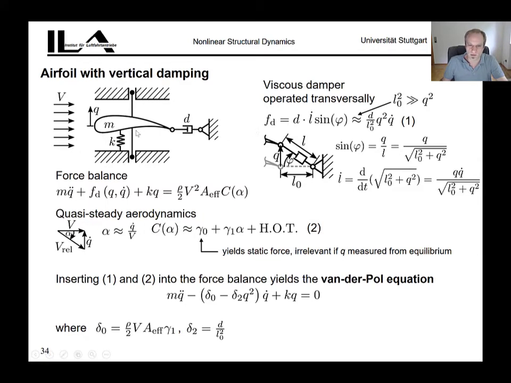Think of a wind channel or wind tunnel, and this airfoil can move only vertically. It has a certain mass. It also has a linear spring here. And very special about this system is the viscous damper here, which is attached not in the direction of motion, but actually transversally to that.